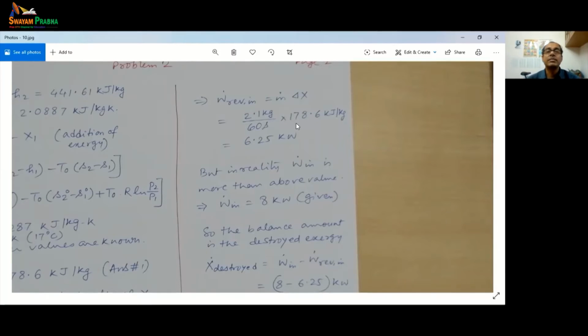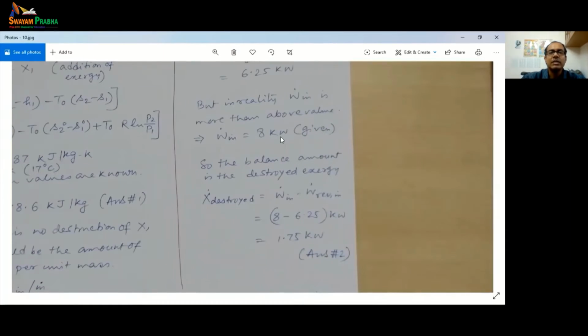That means that if the compressor were reversible, then only 6.25 kilowatt of work input would cause the same temperature and pressure rise in the compressor, right? But in reality, the work input is more than that, because it's not a reversible process and there will be some losses due to irreversibility. This W in is given as 8 kilowatt.